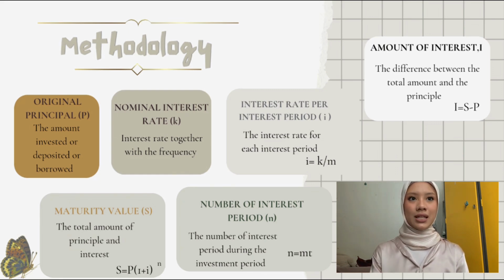The formula is I equal to S minus P. Next, maturity value, capital S, the total amount of principal and interest. The formula is S equal to P times (1 plus I) to the power of small n. Next, number of interest periods, small n, the number of interest periods during the investment period. n equal to m times t.